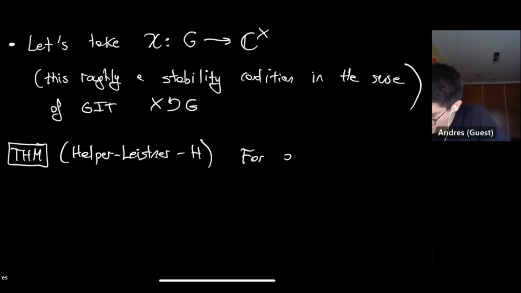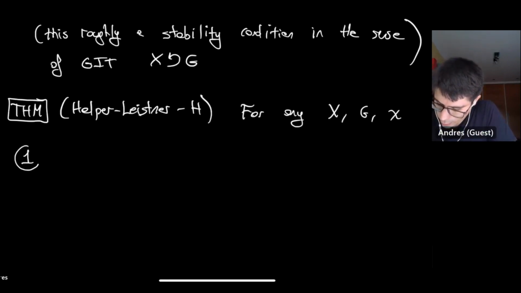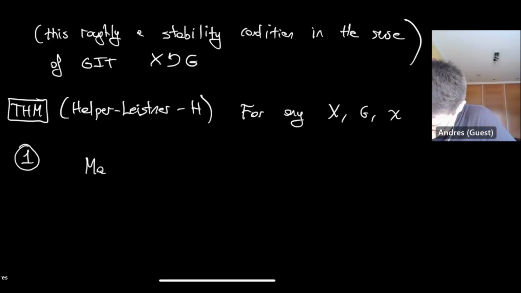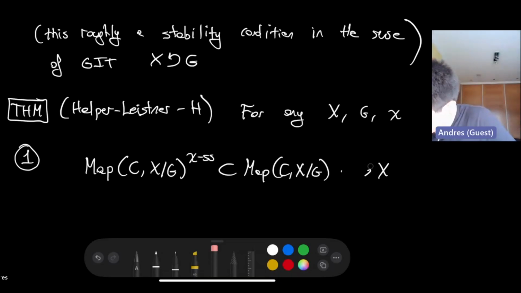for any X, G, chi as before, we have the following. So first, we have a stability condition, and inside of the stack, we have a chi semi-stable locus. So this open piece. How do I want to do this diagram?